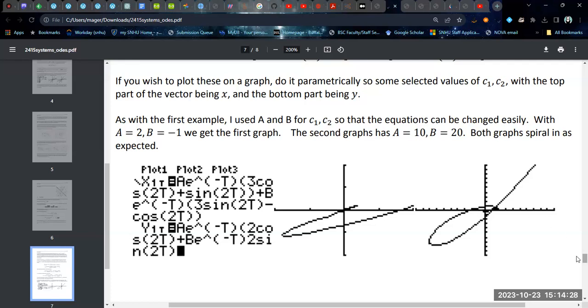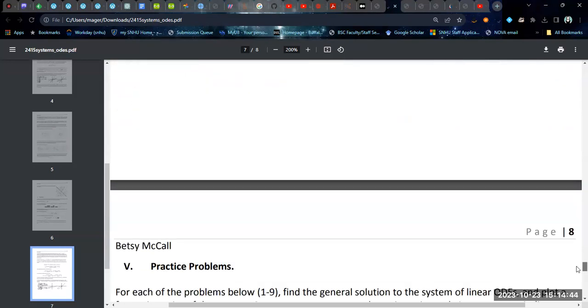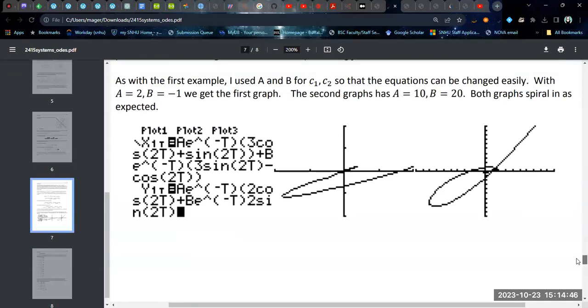But you could zoom in around the origin, and you would see this outer part, and then you would zoom in and you would see a little bit more, and then zoom in again and see a little bit more, but it's going to go to the origin very, very quickly. But it's that spiral behavior that we would expect from the complex solutions.